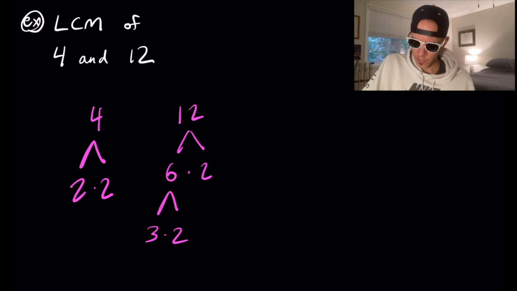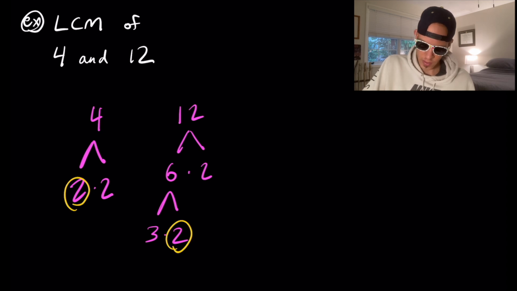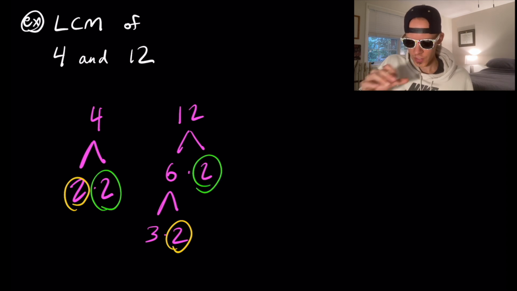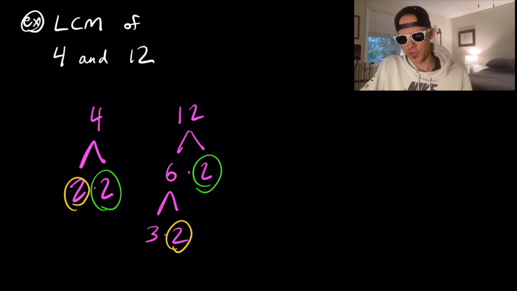So if we find what's common between the two, I got a 2 here, a 2 here, and then I have a 2 here and a 2 here. You see, I've made 2 pairs of 2. So I'm only going to take 1 two from each of the pairs.